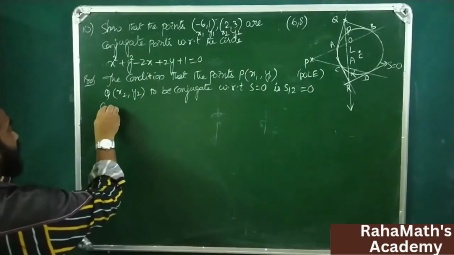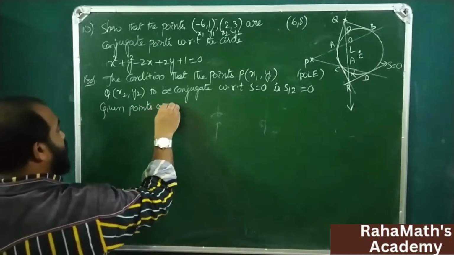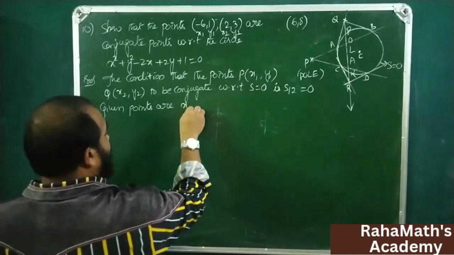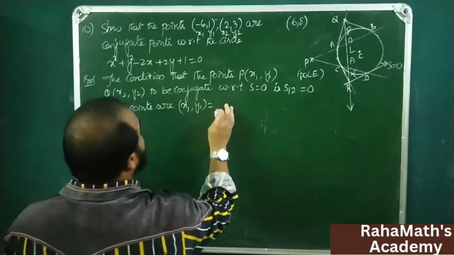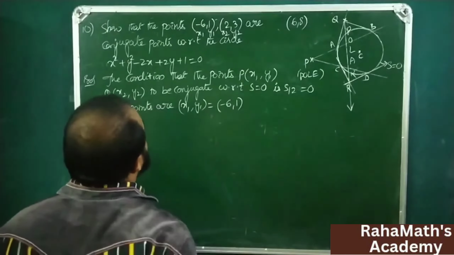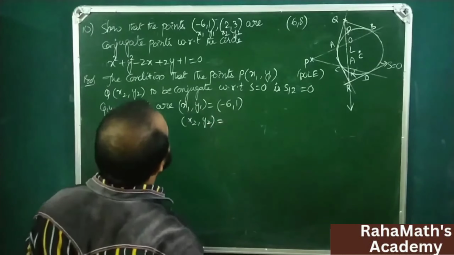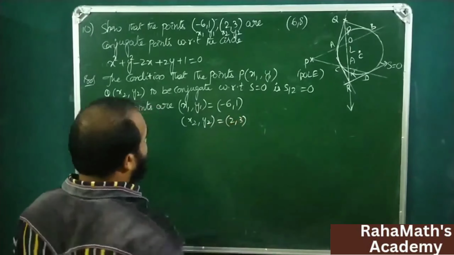The given points are (x1, y1) equals (minus 6, 1) and (x2, y2) equals (2, 3).